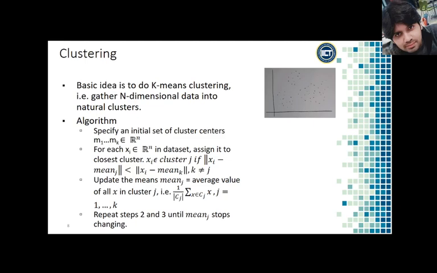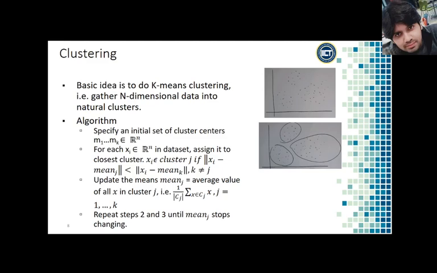k-means algorithm. First we have to specify an initial set of cluster centers, let's say from M1 to MK, and for each data point in the dataset, we assign it to the closest cluster.